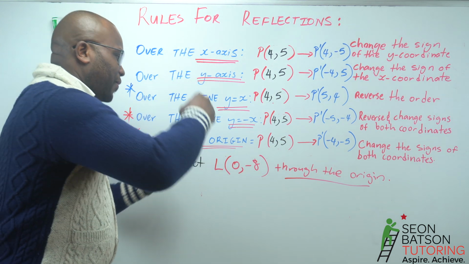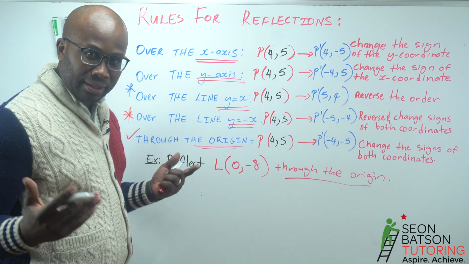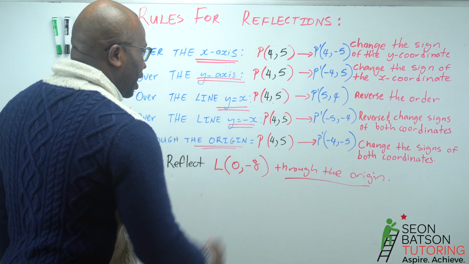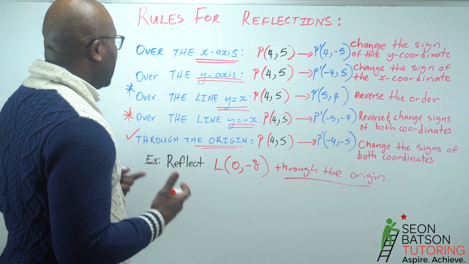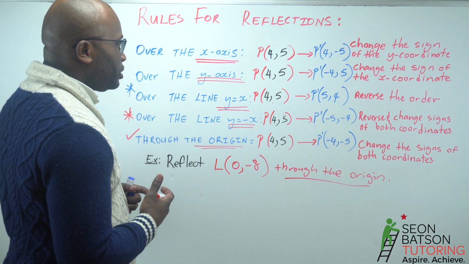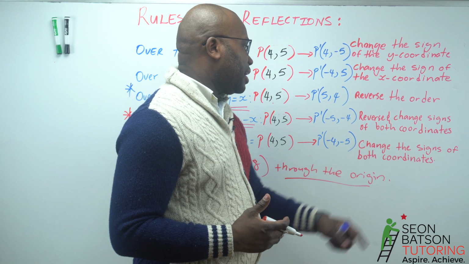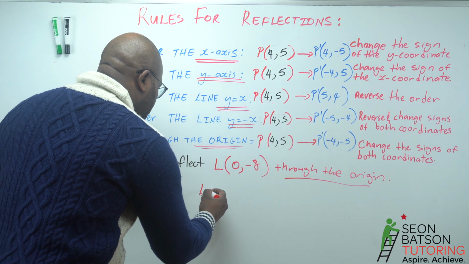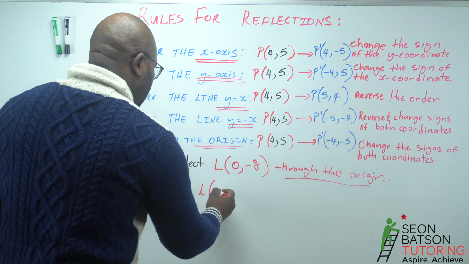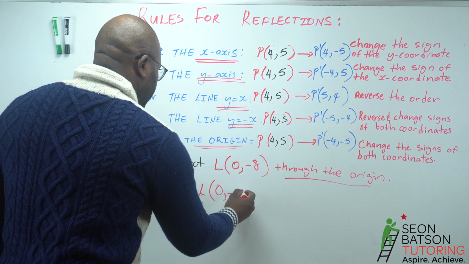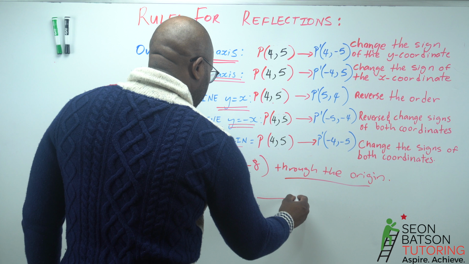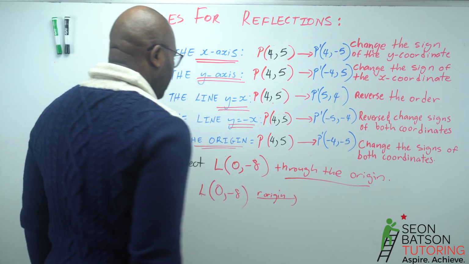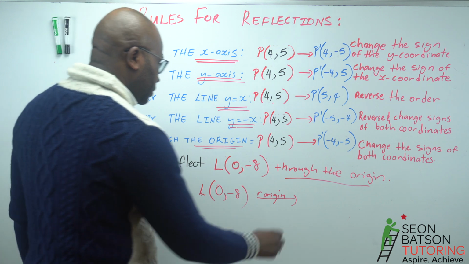Okay, welcome back. Let's see if we get the same answer. So we are going to reflect this point L through the origin. And when we reflect through the origin, the rule says you will just change the signs of both coordinates. Yeah? So let's put back our original point, 0, -8. What happens now?